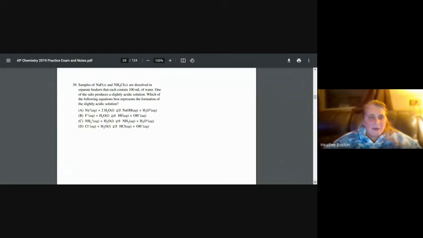We can automatically cross off A and D because A is part of a strong base and D is part of a strong acid. They won't react with water.